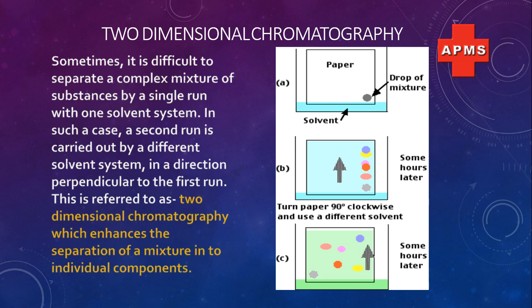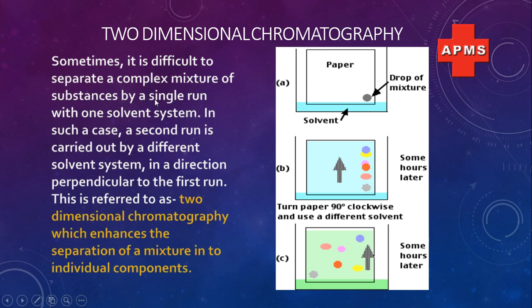Some components show very similar behavior with the mobile phase used, so we have to change the mobile phase after this first one-dimensional experiment. Then we can separate these two or three components which are present at a single point after separation.